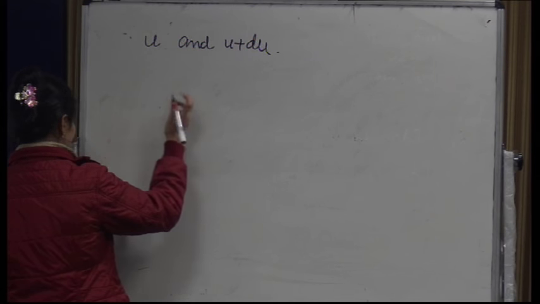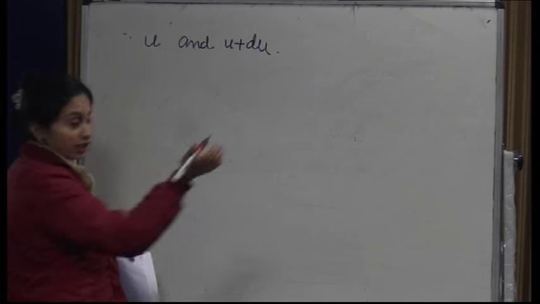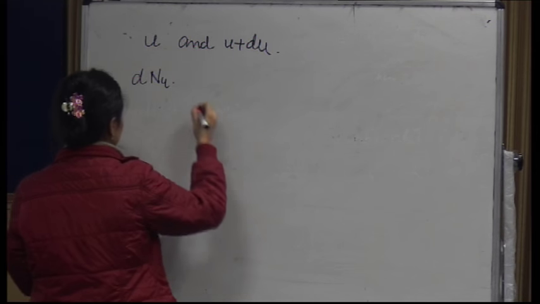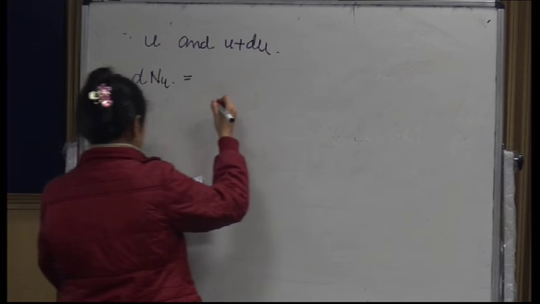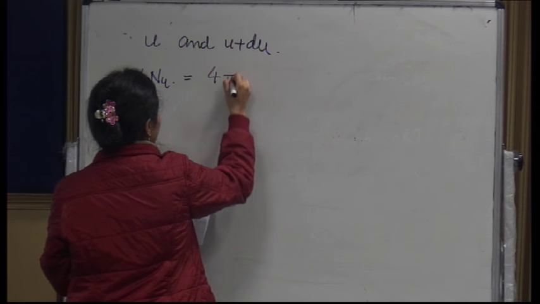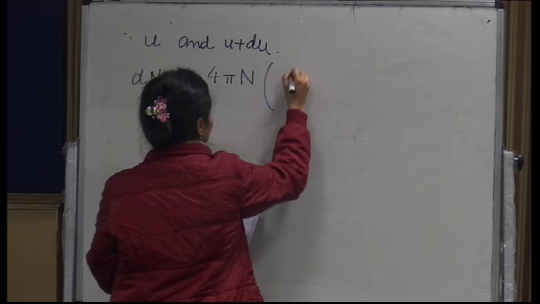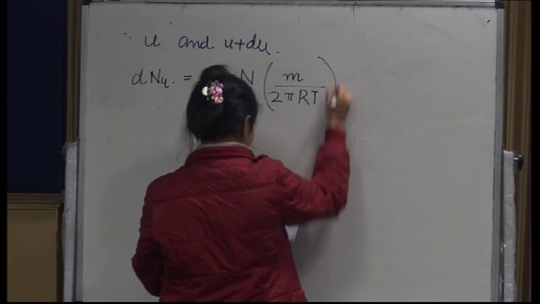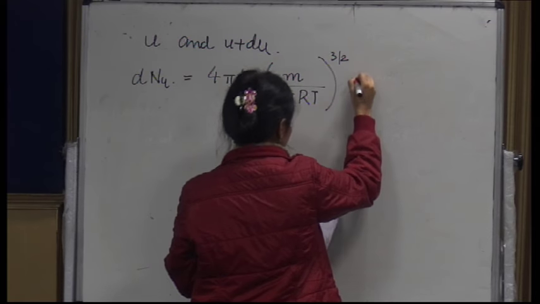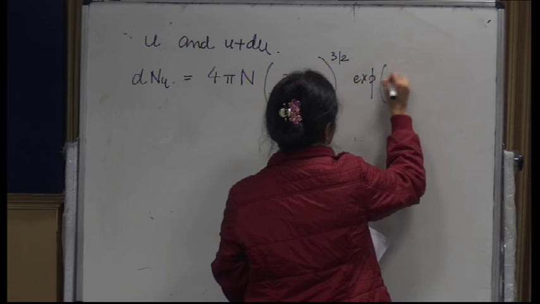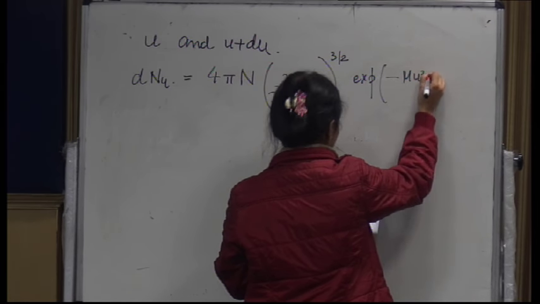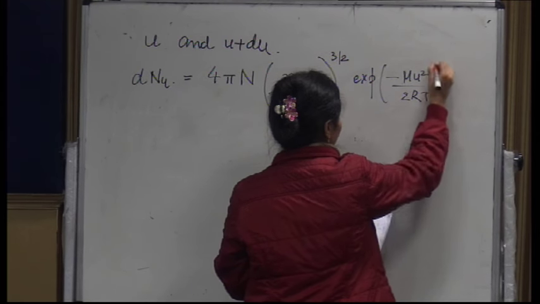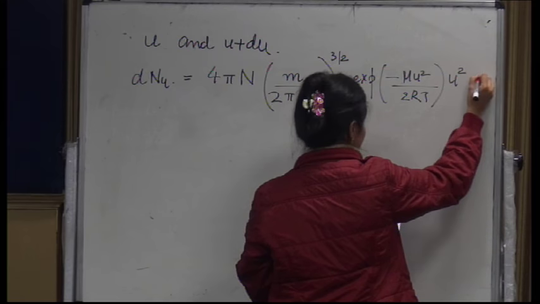The manner in which the gases are distributed, the fraction of the molecules which are distributed, can be given by the relationship dNu = 4 pi N (M/2 pi RT)^(3/2) exp(-Mu^2/2RT) u^2 du.